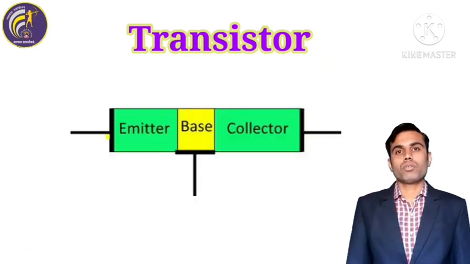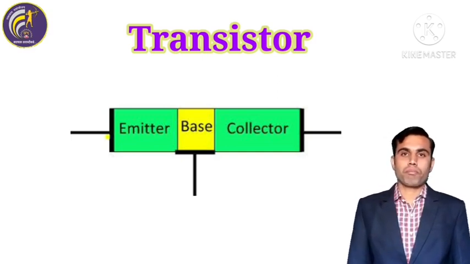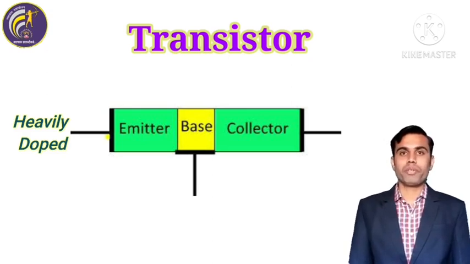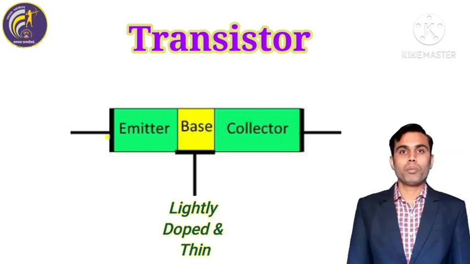Now if we distinguish between emitter, base and collector, then we can see emitter is a heavily doped region. It is the most heavily doped region. The doping level is the largest of the three for the emitter. Base is lightly doped and it is the smallest region out of the three.